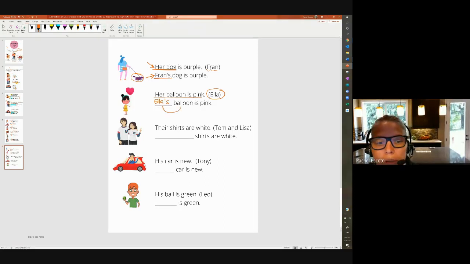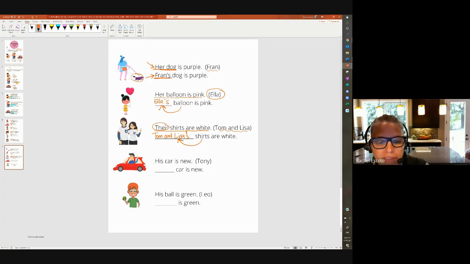The balloon that belongs to Ella. All right, these two, their shirts are white. Their names are Tom and Lisa, right? So we say Tom and Lisa's, apostrophe S. Tom and Lisa's shirts are white. This is the shirts that belong to Tom and Lisa.